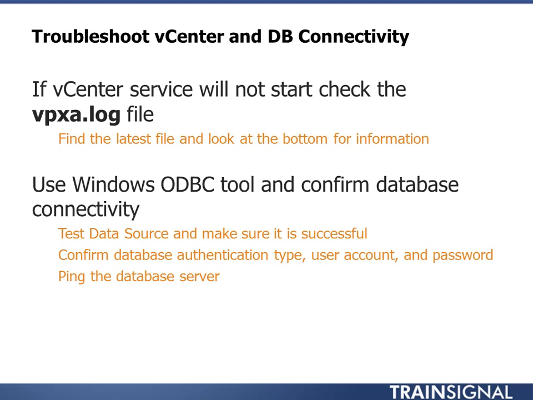And also I want you to ping the database server. Make sure you can ping by name, ping by IP, and just get a good response, assuming that you don't have a firewall on the database server blocking ICMP. But I want to make sure that there's connectivity there, because things do happen to the database. Sometimes DBAs do things and don't tell you, so confirm that. But usually that's spelled out pretty well within the vpxd log.